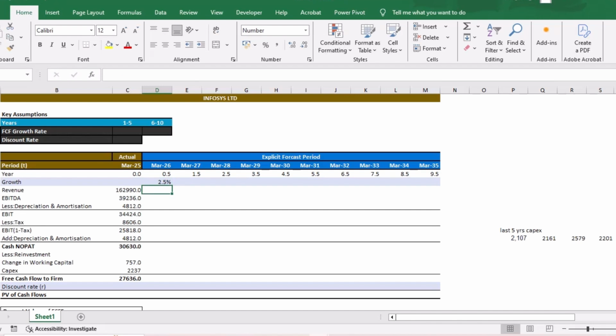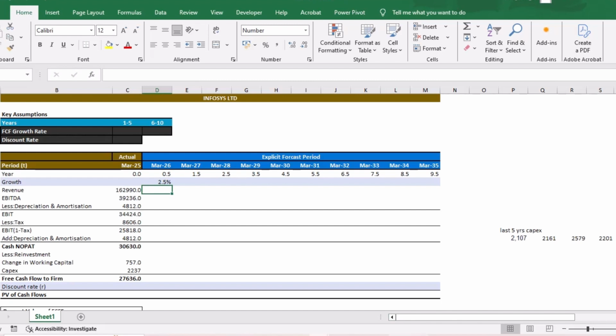Okay, so we have taken a growth of 2.5%, and we have seen that the long term growth of the company was around 11%, and we assume that this situation is not permanent. This unfavorable situation or the headwind for the company will not last in the long term, and the company will get back to its normal position, the 11% growth that we have seen.